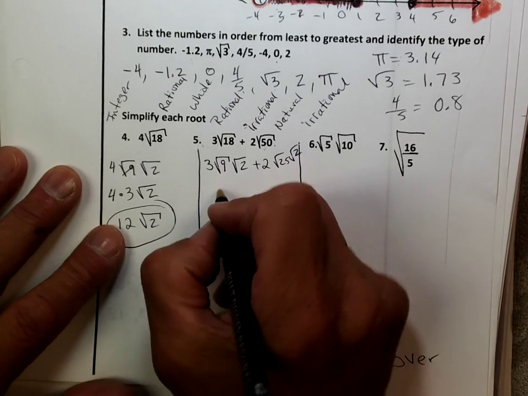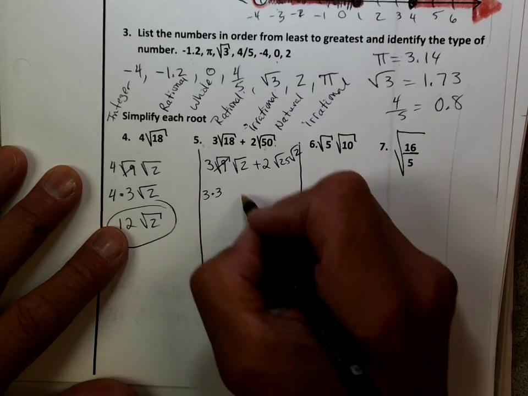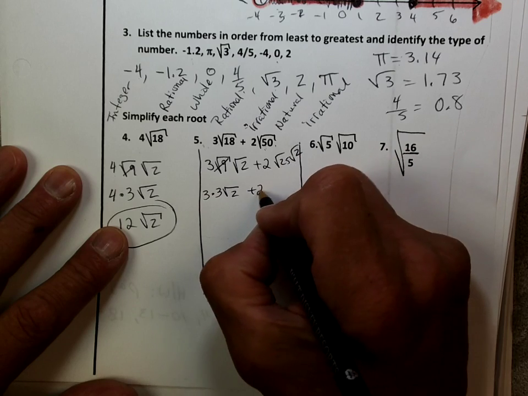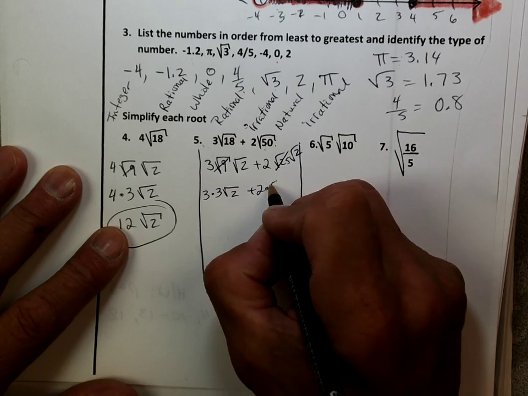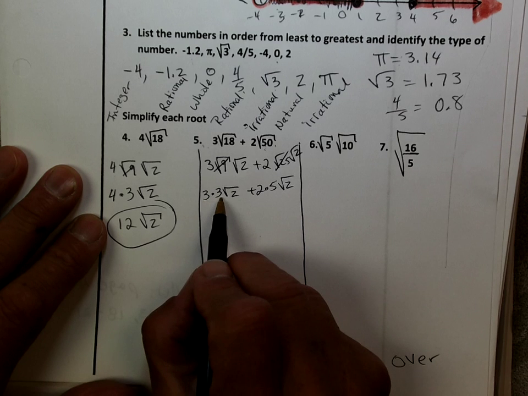Square root of 9 is 3, right? Square root of 2. Square root of 25 is 5 with another square root of 2, okay? Am I going slowly enough? That's 3 times 3. It's not 6. 3 times 3 is not 6.